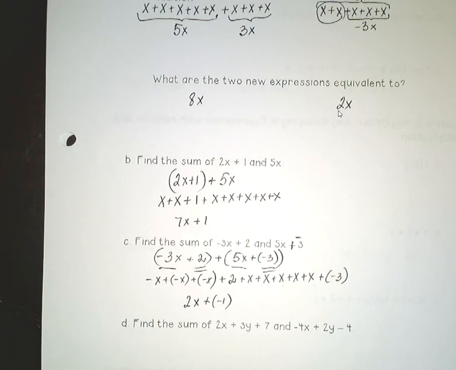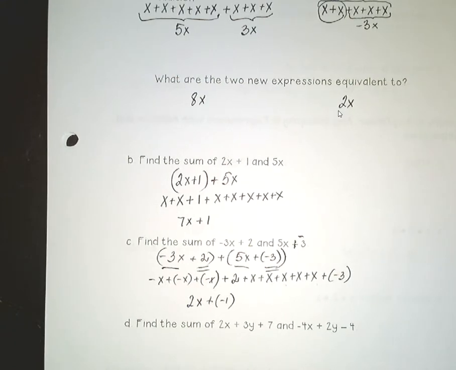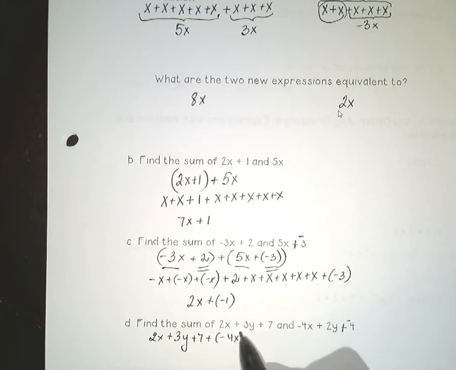Problem D. Find the sum of 2x plus 3y plus 7 and negative 4x plus 2y minus 4. Again, minus 4 I'm changing into plus negative 4. Learn to do it right away when you see it. And I'm finding the sum, so I'm combining them all. So I have 2x plus 3y plus 7 plus negative 4x plus 2y plus negative 4.